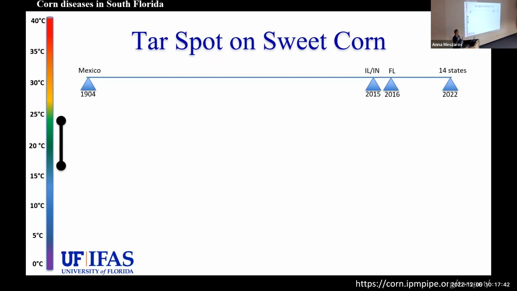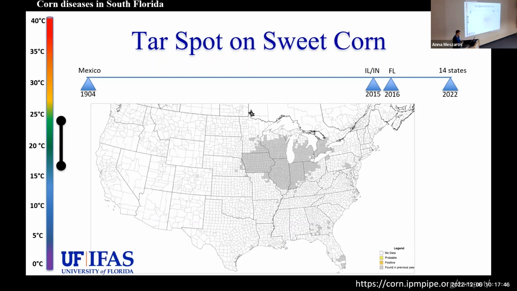In 7 years, the disease was already present in 14 different states. And that's on field corn, okay? But if you look at this map, the gray areas, those are all the counties where they reported the disease in 2022. So it's incredible how much this disease has spread within the United States in just 7 years.